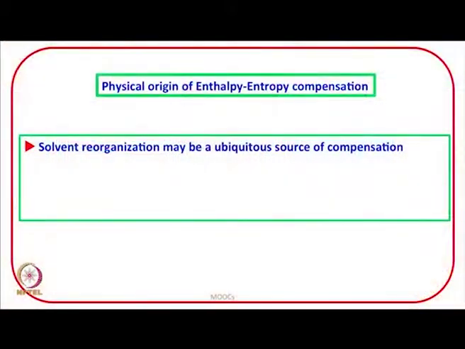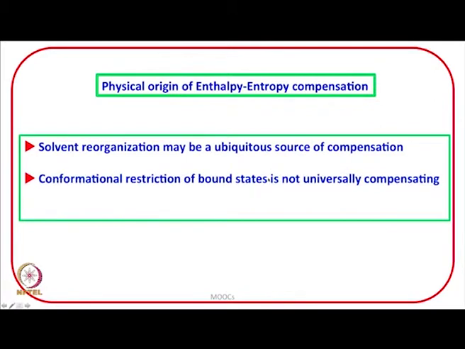The other reasons which have been proposed in literature: one is solvent reorganization, which may also be one of the sources of the compensation. Conformational restriction of bound states is not universally compensating, and receptor flexibility may be a source of compensation.